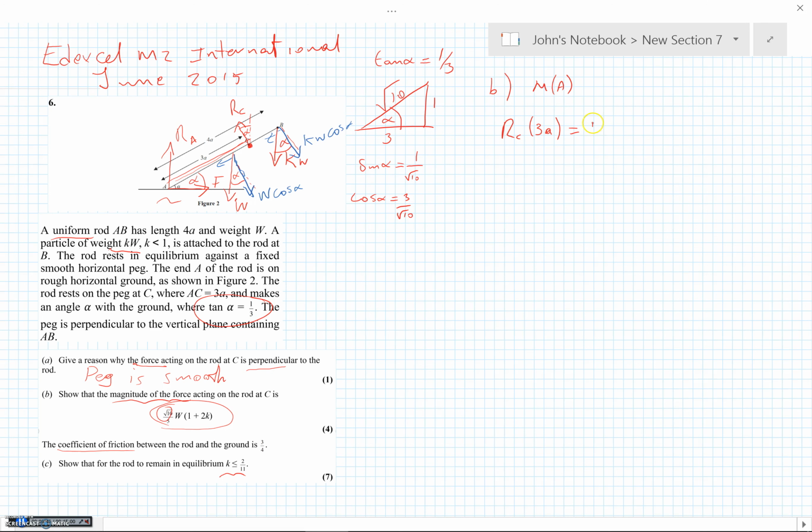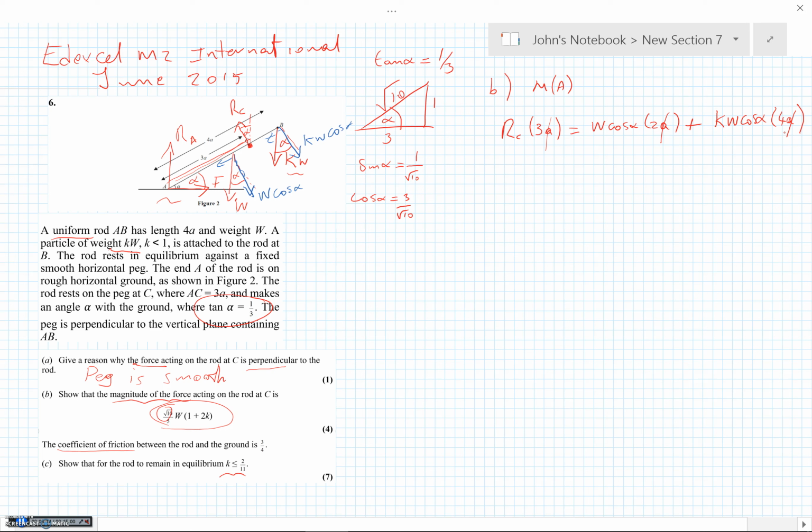So we can write W cos alpha times 2a plus kW cos alpha, that's this one here, times 4a. Quite a bit, obviously a cancels.